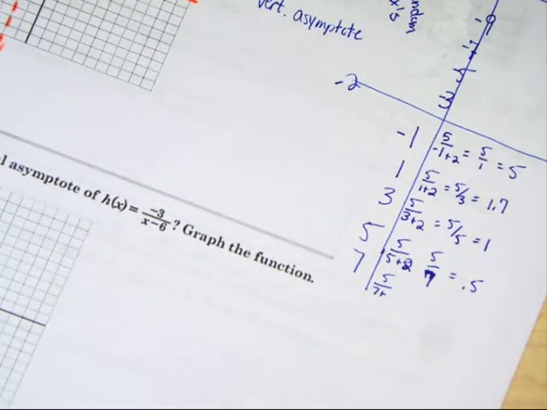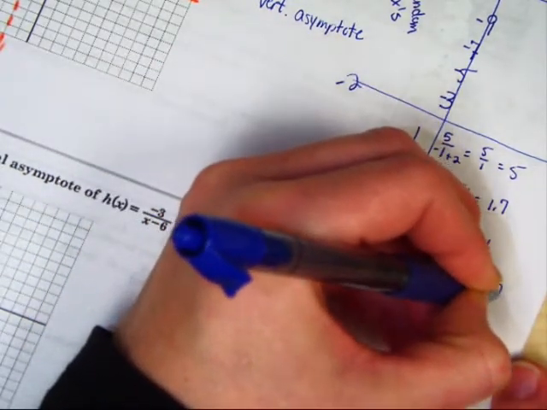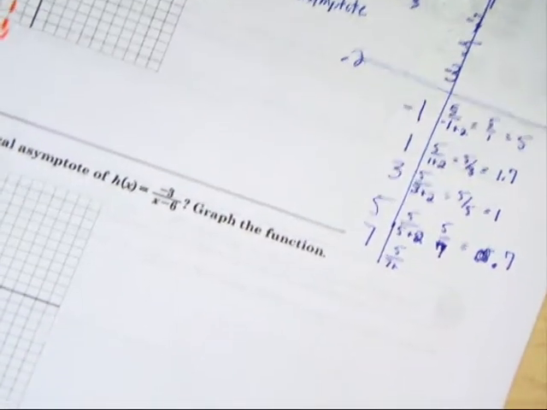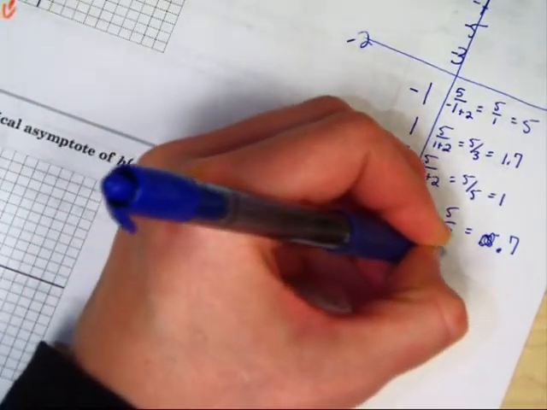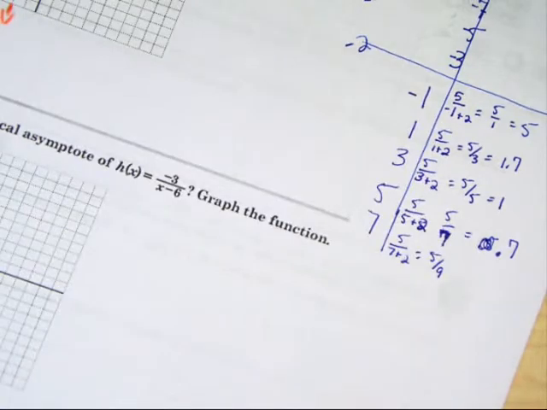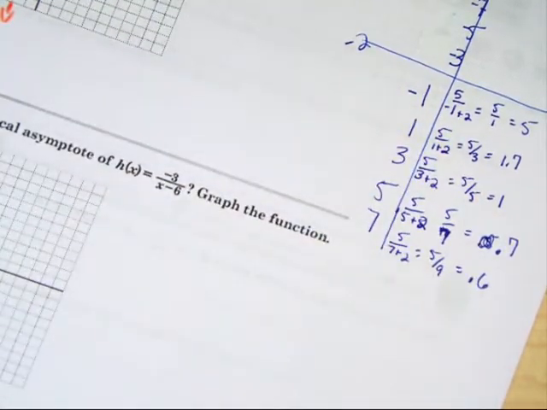Okay, 5 over 7 is 0.7. Got ahead of myself. And 7 will be 5 over 7 plus 2, that's 5 over 9, and 5 over 9 is 0.6. I can see I'm kind of leveling out, so I'm just going to stop there.